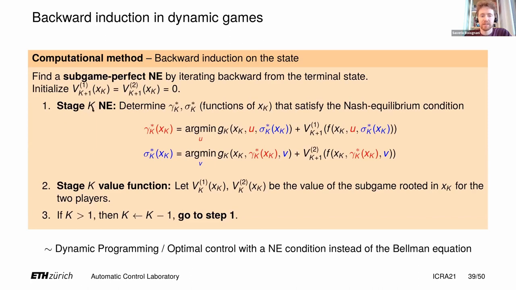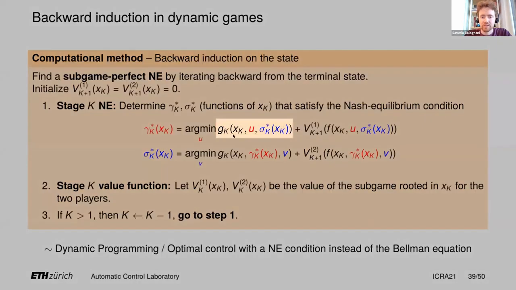Then you look at stage capital K and you determine two functions, gamma_k star and sigma_k star. These are not numbers, these are functions of x_k that satisfy this Nash equilibrium condition. This is exactly what we've seen before, but we are using the fact that the stage cost is additive. So the gamma_k star function of x_k needs to be the best that player one can do to minimize the stage cost. This is the cost at the last stage.